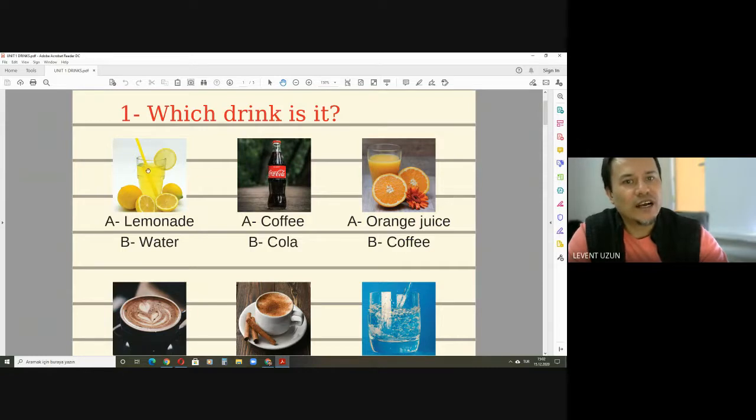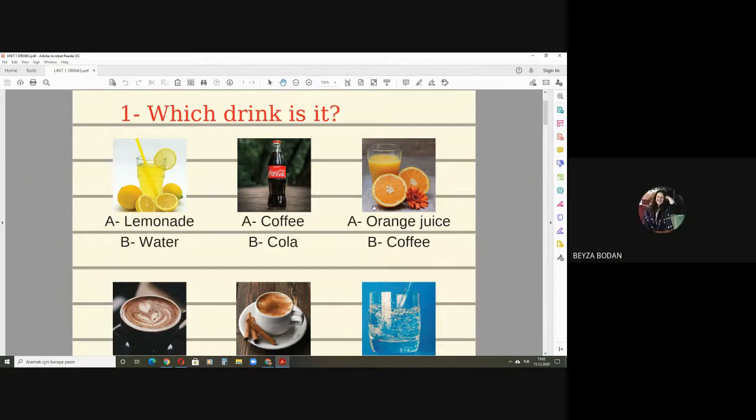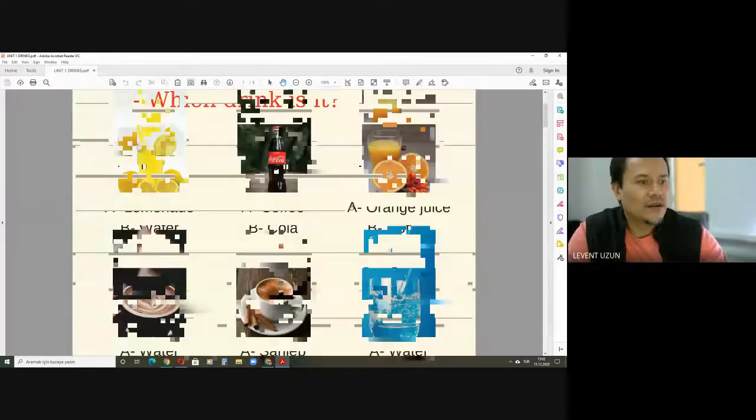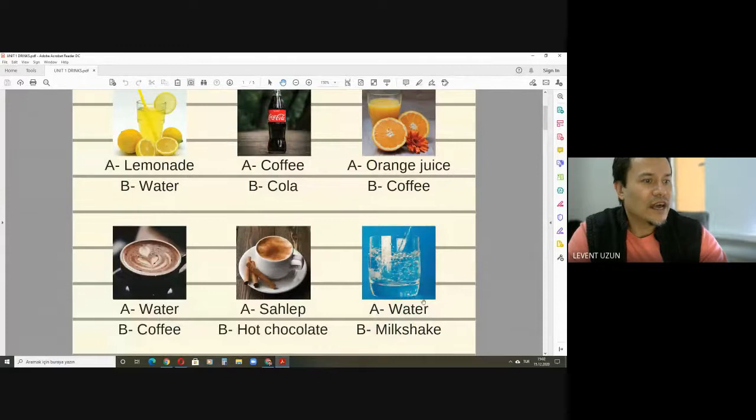So here, instead of concentrating on the cognate, on lemonade, I would put a glass of water here. And then I would teach them water. There is also water. And here I use all of them. And here, in this one, I would teach milkshake.